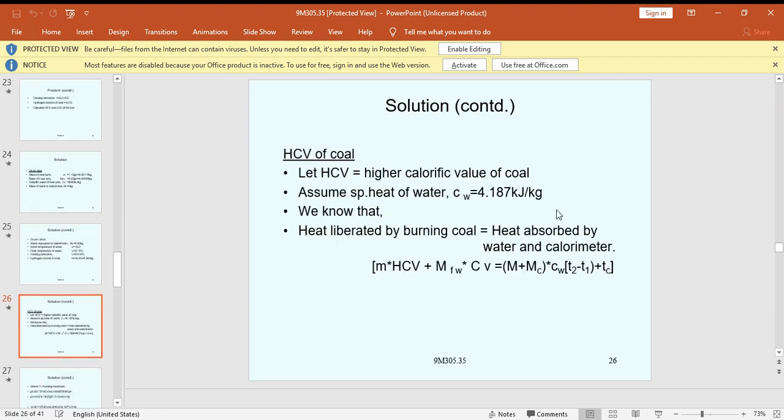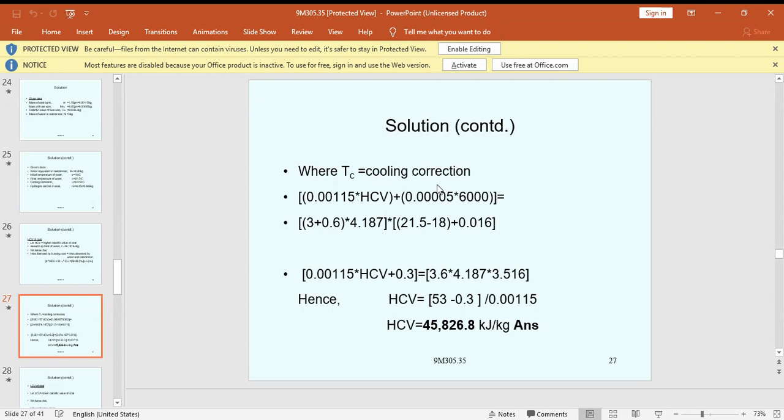Then find the high calorific value of the fuel. Assume the specific heat of water 4.187 kilojoule per kg. We know that M into HCV plus MF into CV equals capital M plus MC, CW, T2 minus T1 plus Tc, where Tc is the cooling correction. So 0.00115 into HCV plus 0.00005 into 6000 equals (3 plus 0.6) into 4.187 into (21.5 minus 18 plus 0.016).